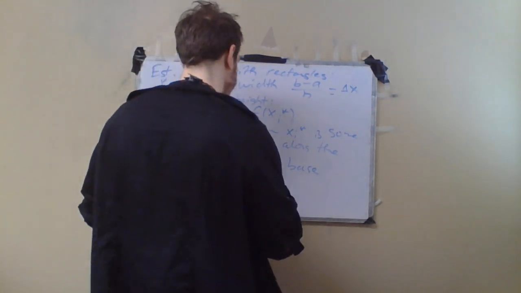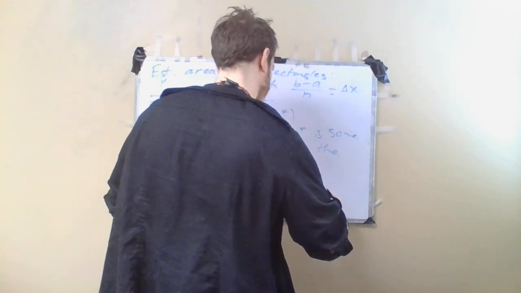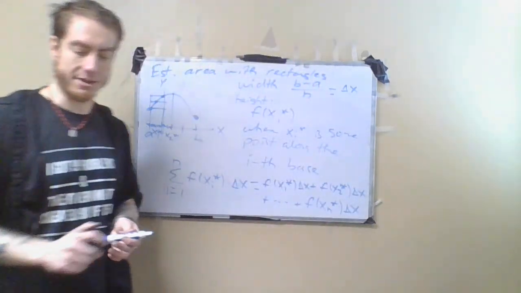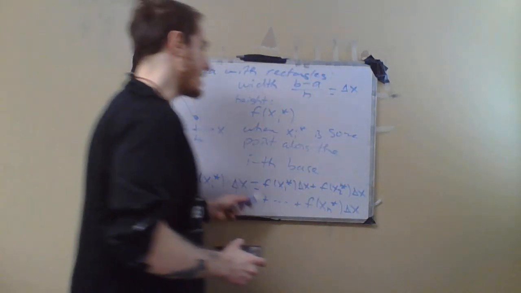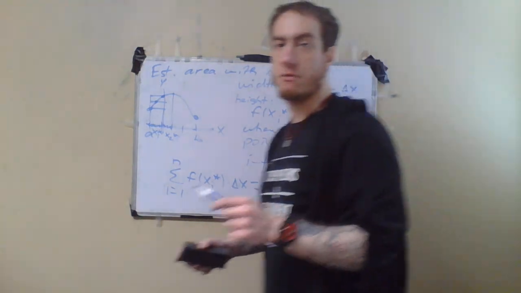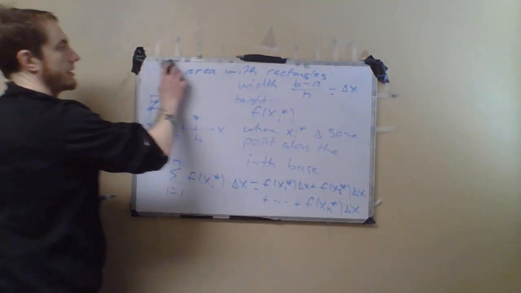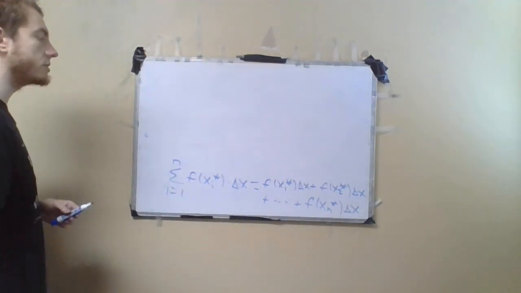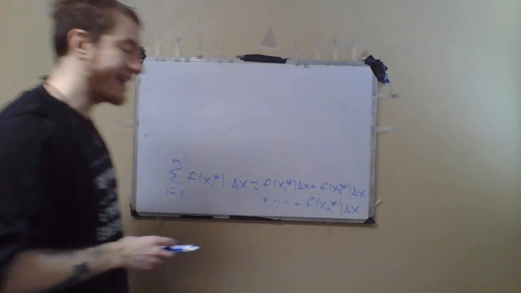What this means is f of x1 star times delta x, plus f of x2 star times delta x, plus all the way out until we get to f of xn star times delta x. Now, like I said, there's a lot of choices involved here, because we get to choose the number of rectangles, and we also get to choose the xi stars.